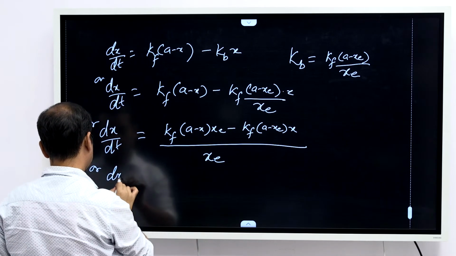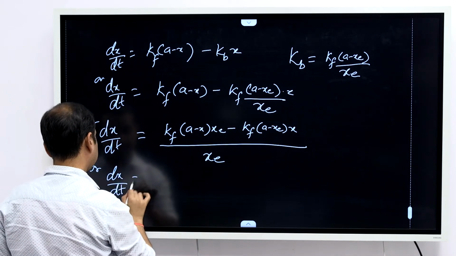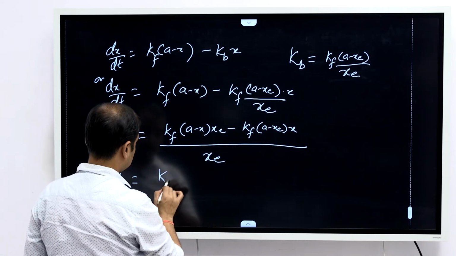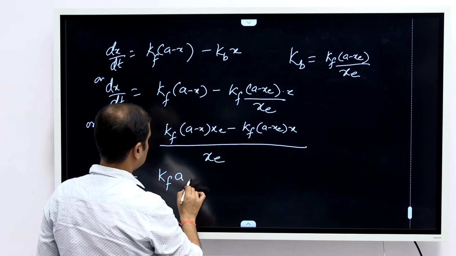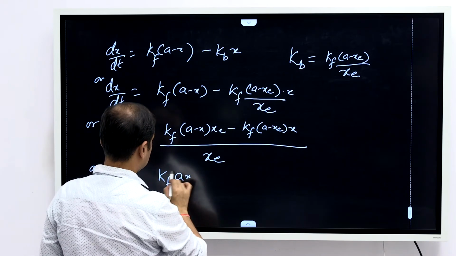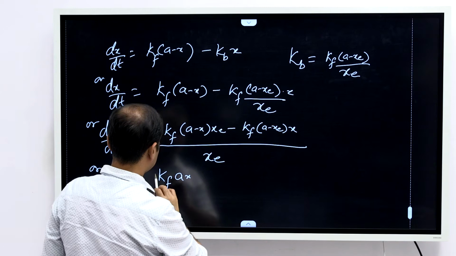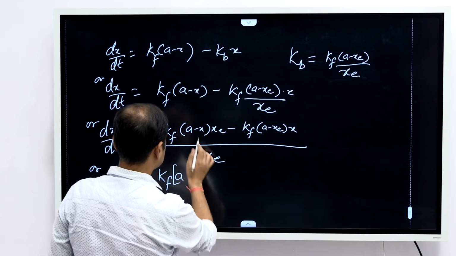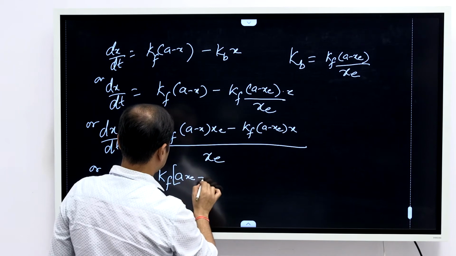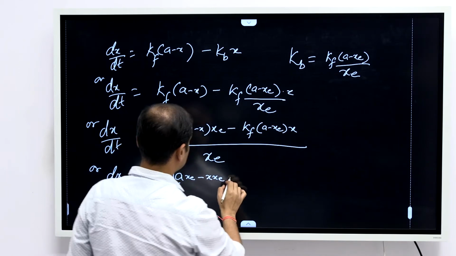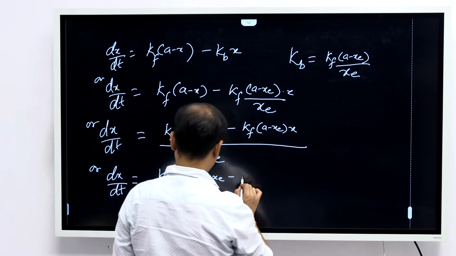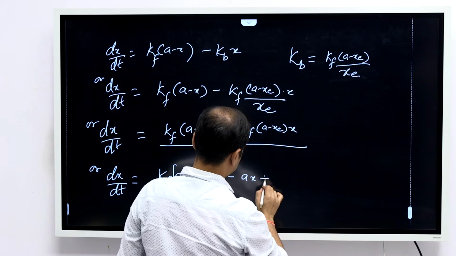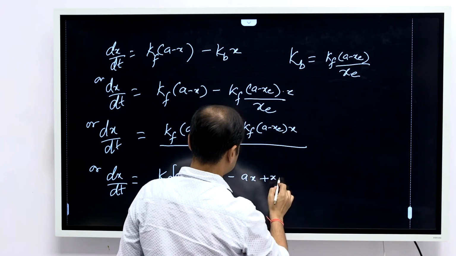So when we break the parenthesis and further simplify, we get kf as common, so it is a xe minus x xe minus ax plus x xe, minus minus becomes plus.